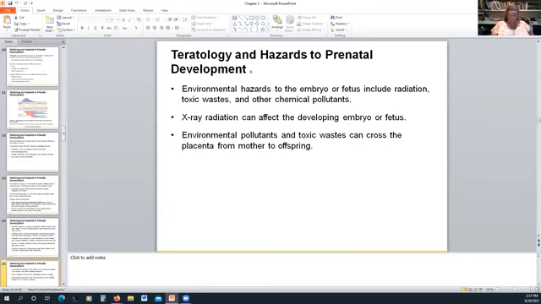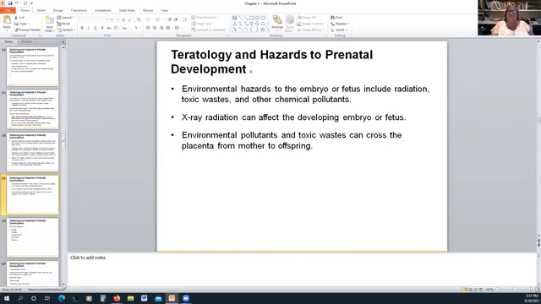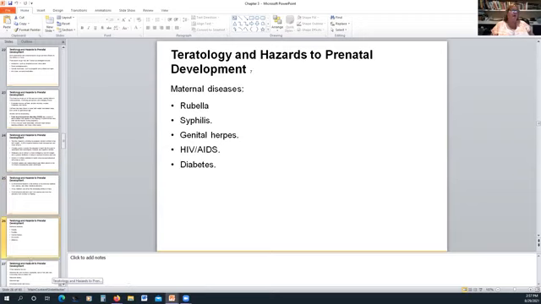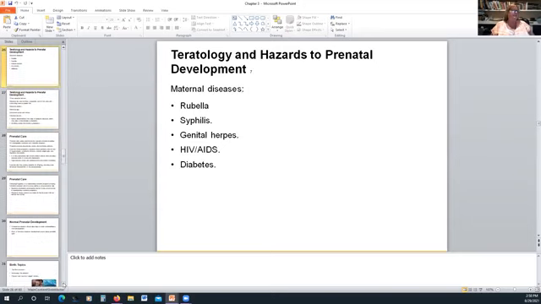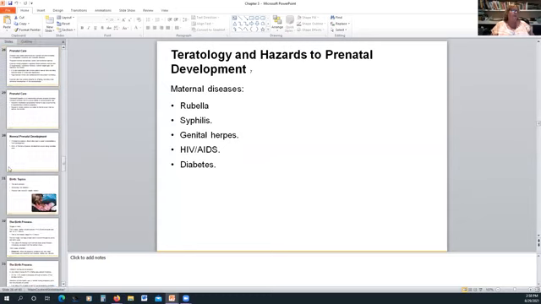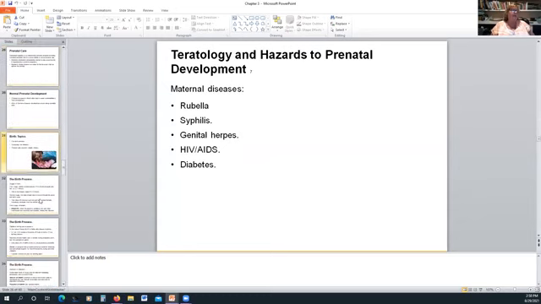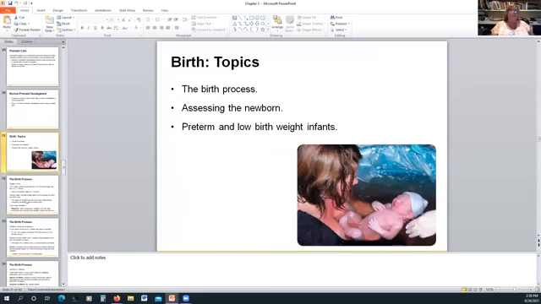Things in the environment, pollutants. You shouldn't paint a room because of those sort of environmental concerns. And then just some other things in here about maternal diseases, rubella, syphilis, HIV, diabetes, things that can be a major concern during pregnancy.